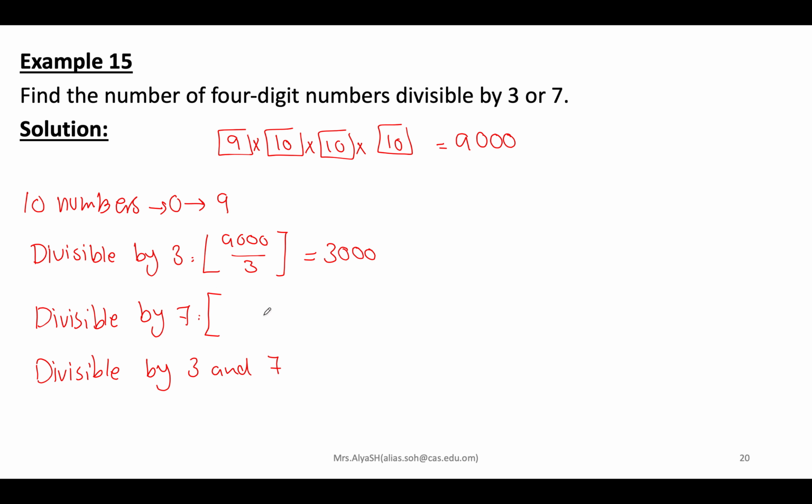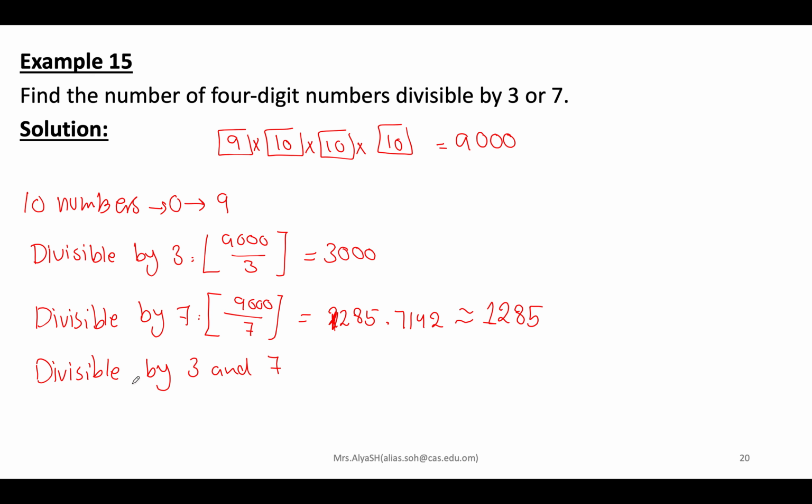For 7, it is 9,000 divided by 7, which gives 1285.7142. So we take the number before the decimal point, and here we have 1285 numbers divisible by 7.